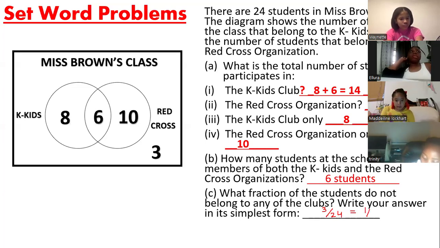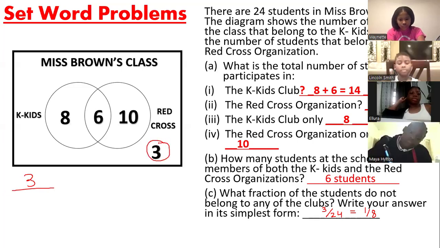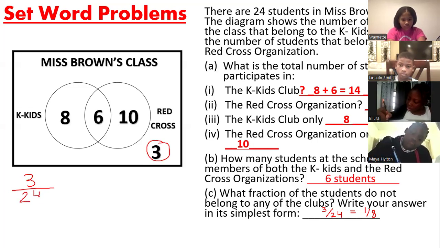1 over 8. How do we get that? It's 3 out of 24 because you look at this 3 on the outside, and the 3 means it doesn't belong to any of the organizations. But we have to simplify it, don't we?